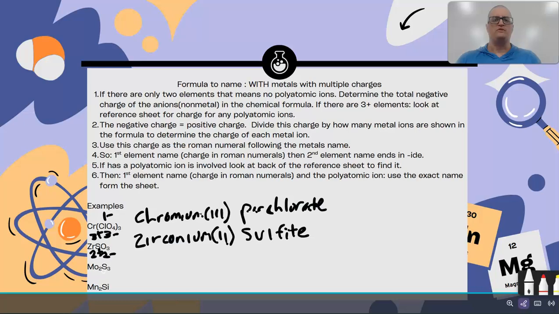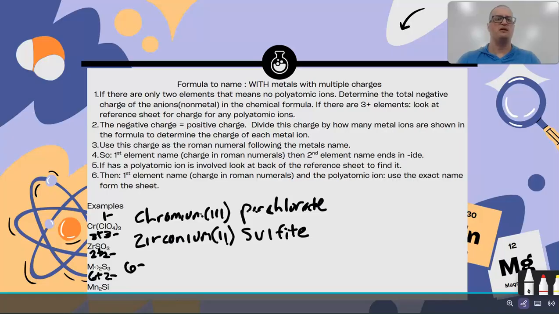Over here, sulfur. It has a charge of 2 minus, right? But there's a total of 3 of them, so that's a total of 6 minus in charge. Now, the molybdenum, that's what Mo stands for, has to have a total charge of 6 plus. But I see there's 2 of them.